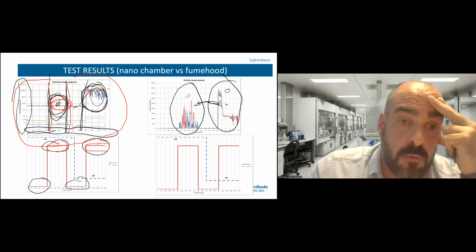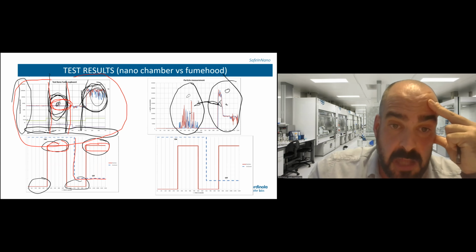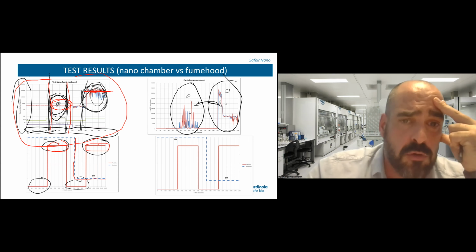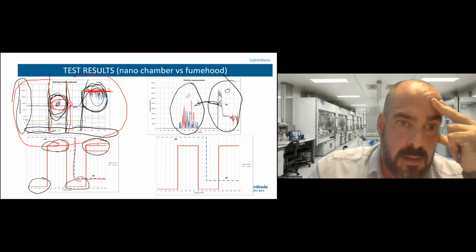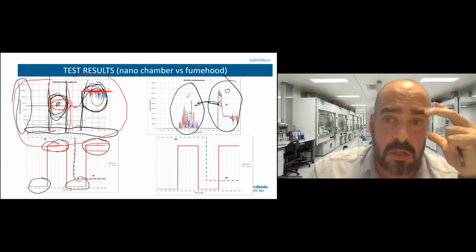Of course, if we switch off the nanochamber and inject nanoparticles, we detect a lot of particles outside the nanochamber. When the nanochamber is running, there is no containment break inside, and of course, if we switch it off, we are not extracting air. We have a lot of particles outside.